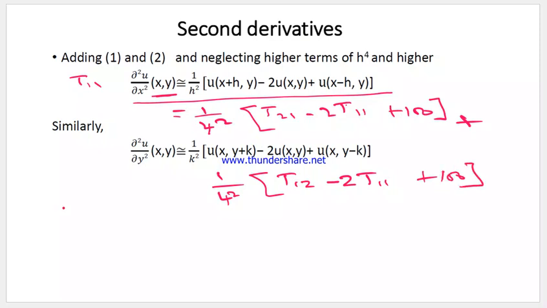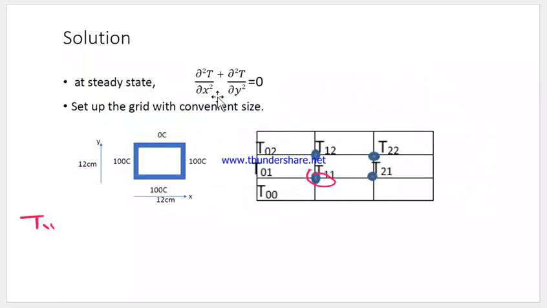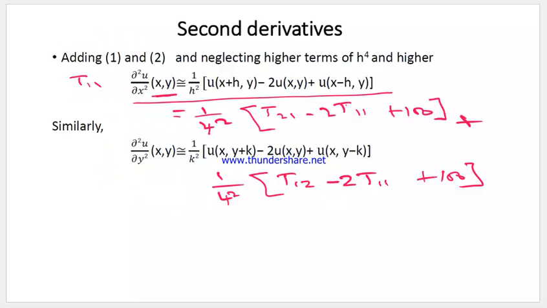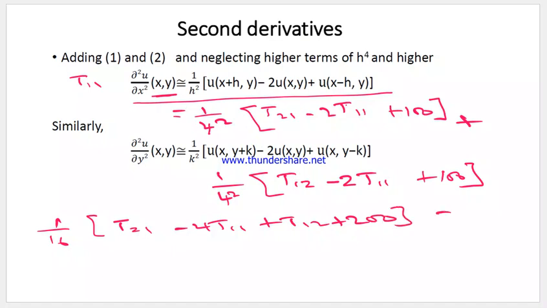So when we solve that, everything, as we have said, is steady state, the addition of the two of them, the second derivative of T with respect to x squared plus the second derivative of T with respect to y squared, will give us 0. So what do we get there? It means 1 over 16 into T21 minus 4T11 plus T12 plus 200, everything equals 0.